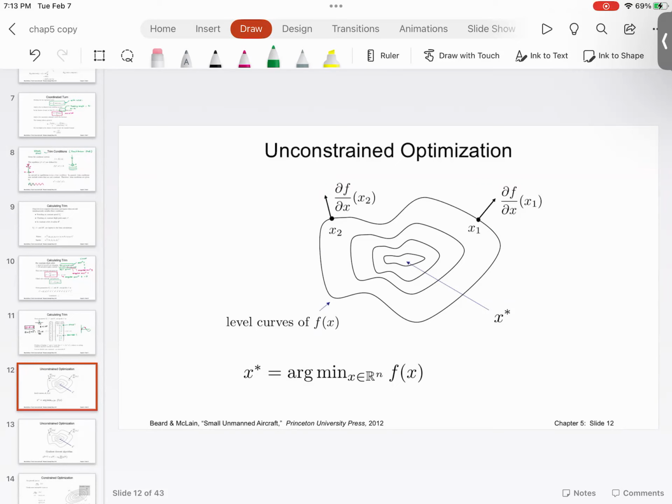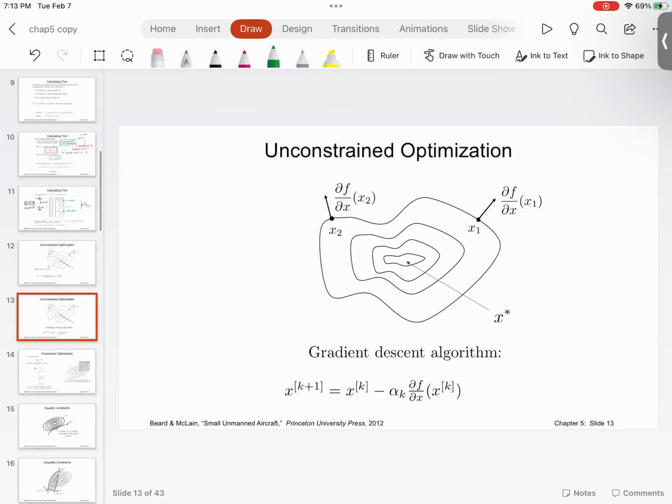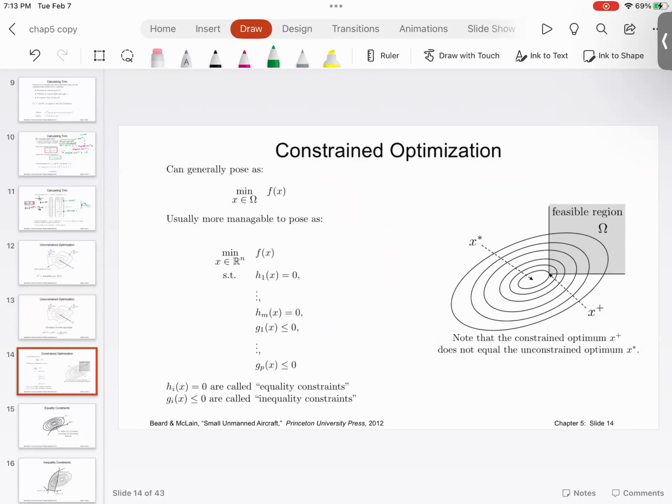So you have unconstrained optimization, and you have constrained optimization, which means you're restricting to a region. And you can have a constraint that x needs to be between 0 and 5. So you can have an inequality constraint, or an equality constraint, which means x can only be 1 or 2.